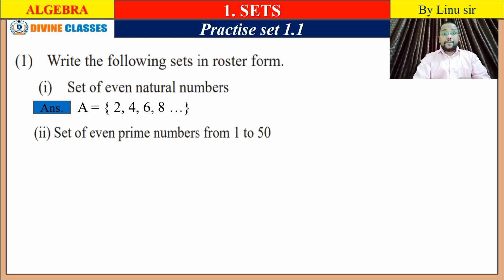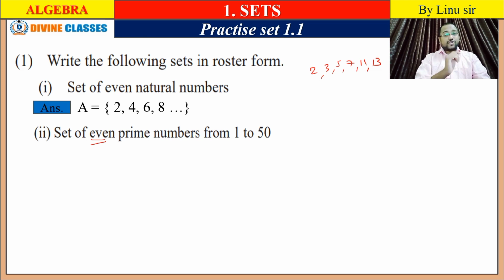Set of even prime numbers from 1 to 50. You all know what a prime number is, right? A prime number comes only in its own table and in no other table. So from 1 to 50 the prime numbers are 2, 3, 5, 7, 11, 13, and it goes on. But the extra information in the question is that it should be even.